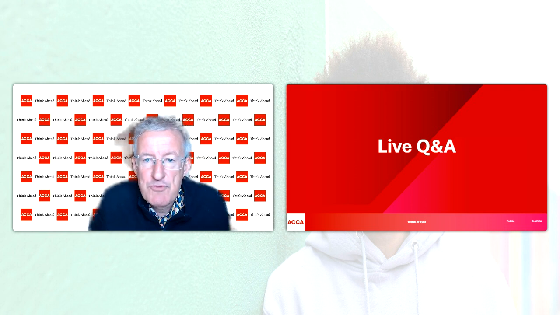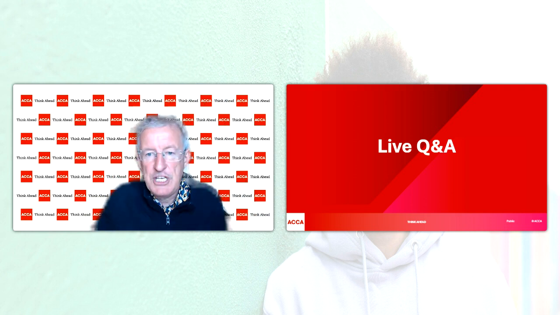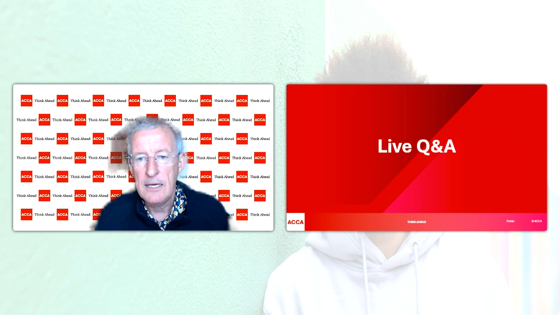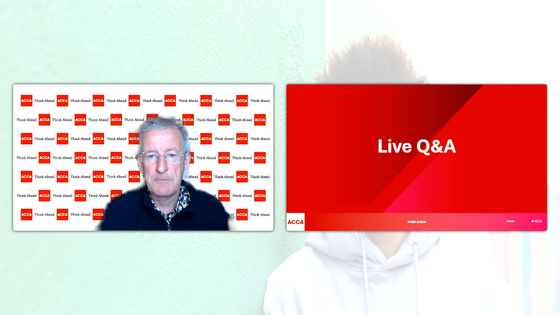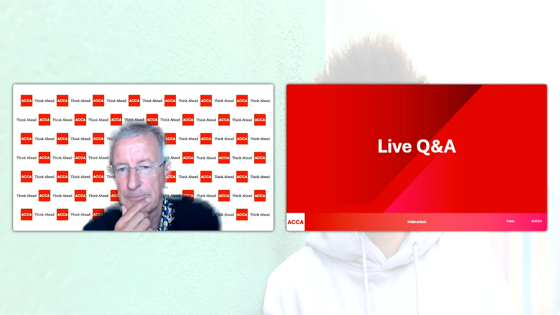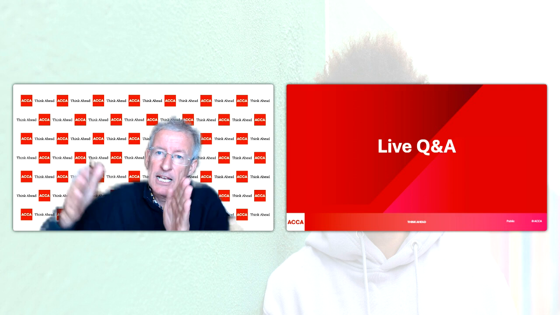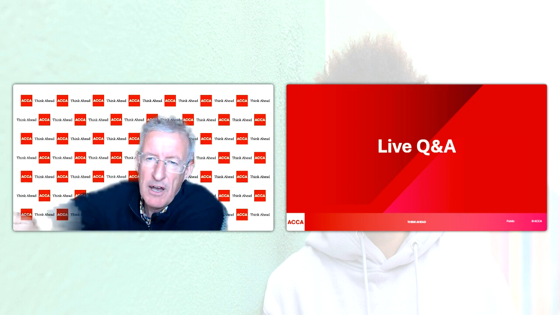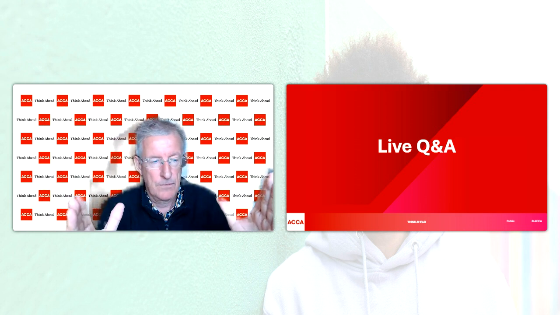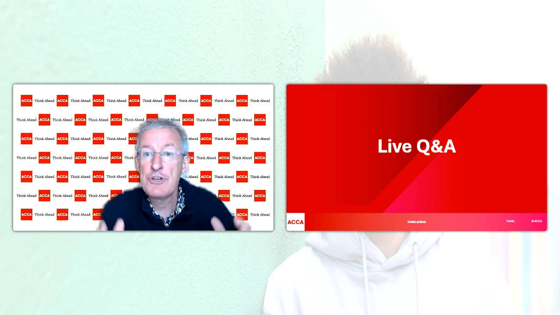Can you give us some rough timings we need to look at for achieving? In other words, question 1, what rough amount of time to spend there, asks Sam. Good question. 3 hours and 15 minutes. Can I park the 15 minutes to one side? Think about it as a 3-hour exam for now. 3 hours, 180 minutes, 100 marks.